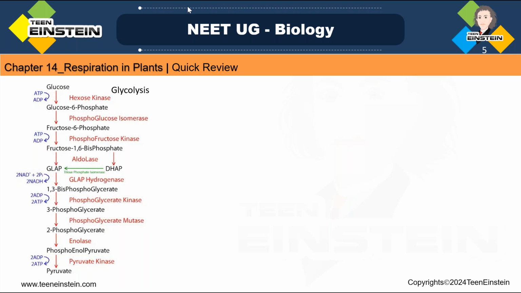Then protein is broken down into amino acids, and these again enter the Krebs cycle. So this is how you need to explain the amphibolic pathway.